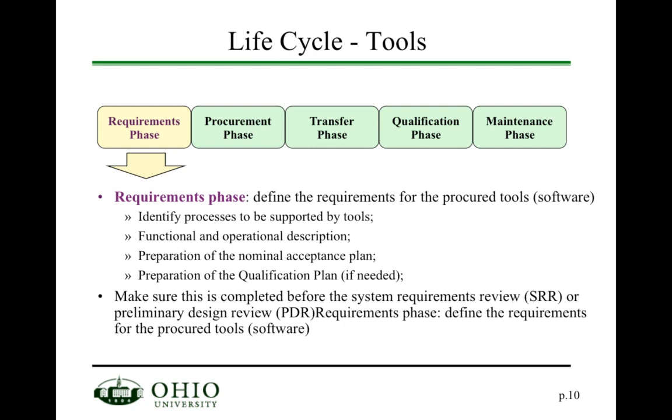In other words, what functionality does the tool need to have, and in what operational environment am I going to use it? And then of course you need to define whether this tool needs qualification, and if it does, I need to come up with a plan. How am I going to do that? And of course you want to make sure that you do this before the system requirements review or the preliminary design review.